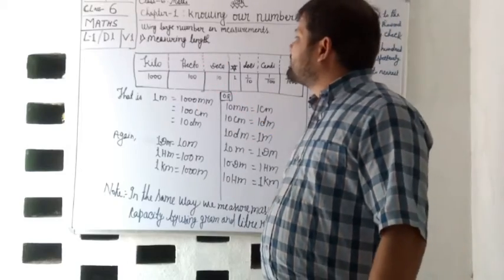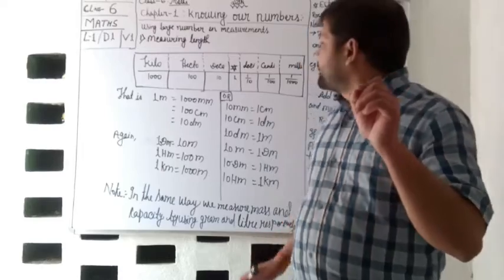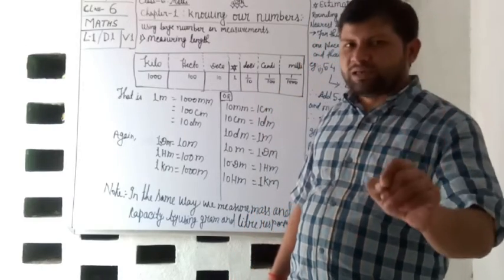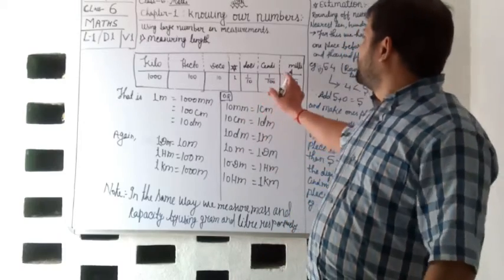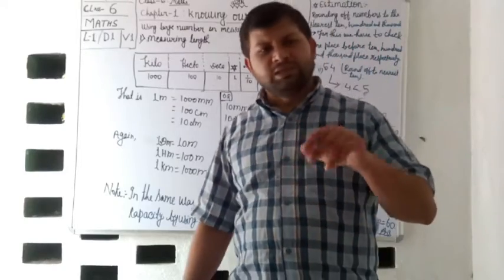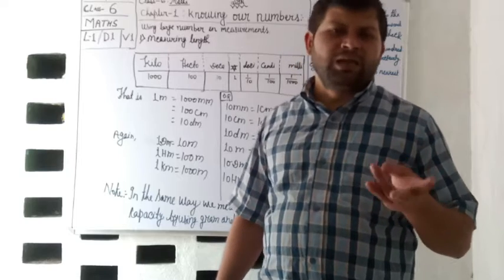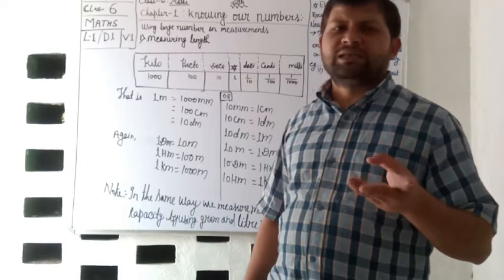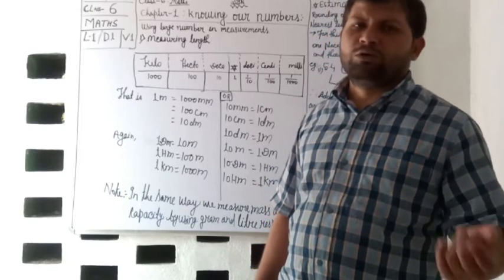For measuring length we generally remember one sequence: milli, centi, deci, meter, deca, hecto, kilometer. And for measuring mass, in the same way, we use milli, centi, deci, gram, deca, hecto, kilogram.